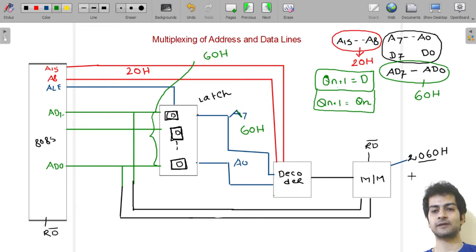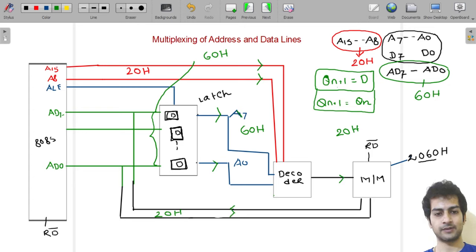Suppose the data is 20H. So now this 20H data which is inside this memory location will be read, and this 20H data will come back to the processor. See, I can write the direction of the arrow.